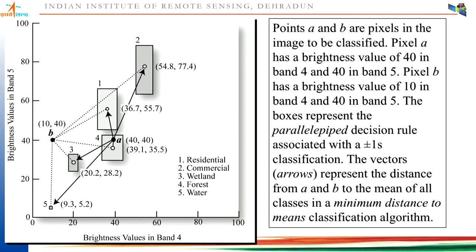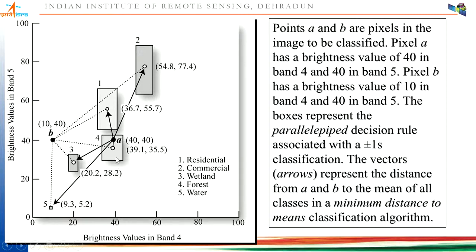Based on the signatures, the mean of the signature pixels is calculated in band 4 and band 5. The mean values are plotted, which is coming as this central point. Along with the mean, you can also calculate the standard deviation. Suppose for this particular class, the mean is 40 in band 4.